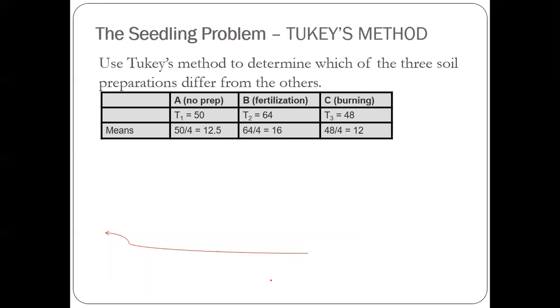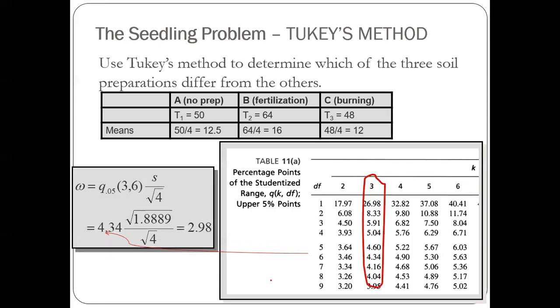Now, same as one-way ANOVA, we are going to get the mean for each treatment. How do we get the mean?